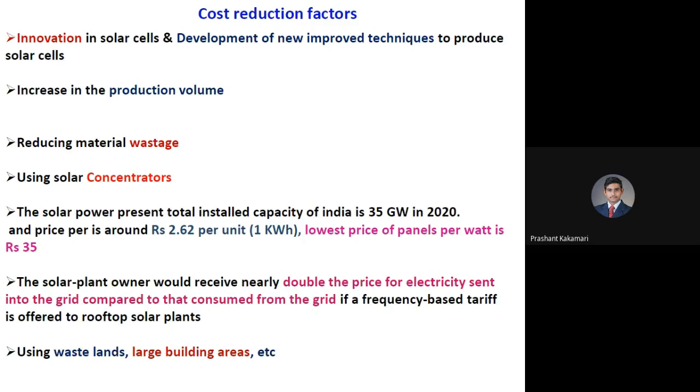So that much cost effectiveness is achievable up to 2020. Similarly, you can get the data for the year 2021. In that, you have to check what the per unit price from solar energy is, and also what the cost per panel is. Later we are going to focus on the economics of solar energy.